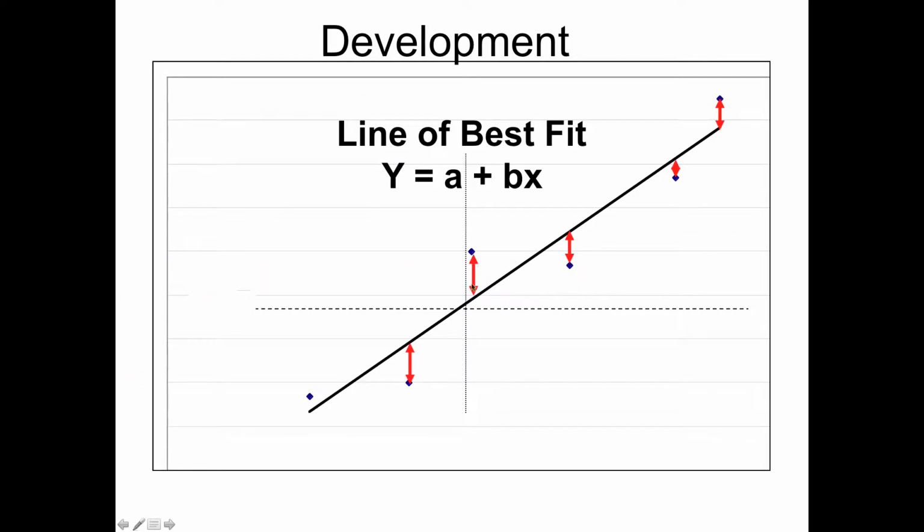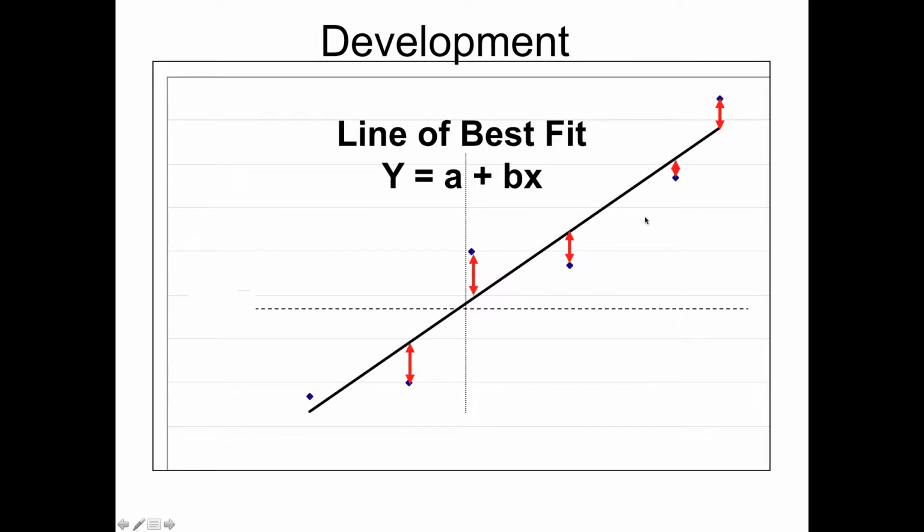And I want to minimize these distances, these red distances, the distance from the data to this model. And I don't even know where the model is yet, so that's what we're looking for. Right? And we're going to take these distances and square them, because I want to make sure that there are no negatives in here. I want to add up all of the distances.